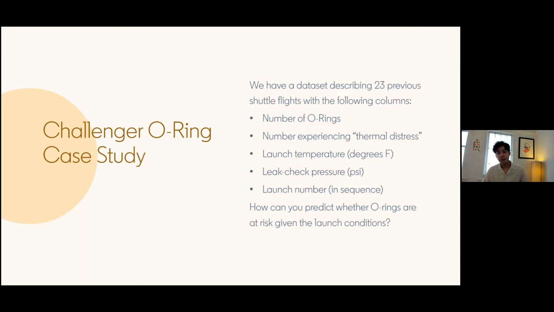So does that mean that this is a binary classification problem where we want to say, is at least one O-ring at risk given launch? And then that can be a yes or no question. Or do we want to treat this as a regression problem where we want to say how many O-rings are at risk in a particular launch given the launch conditions, right? That's something that we would want to clarify, right? What is the nature of the prediction task?